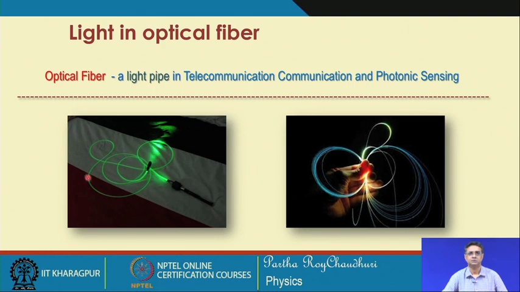All of us have seen optical fibers. You see laser light, green light, illuminating an optical fiber held in hand. Basically this optical fiber is a light pipe which is very widely used in photonics, telecommunications and sensors.